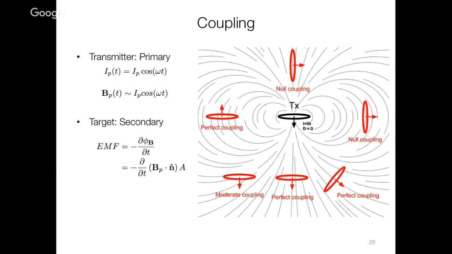But coupling is going to work in 2 cases. One, if this is your transmitter and that's your target. But the other is that you could imagine this being the currents in the target and having to couple with the receiver. So there's coupling both between the transmitter and target, and there's other coupling between your target and receiver.